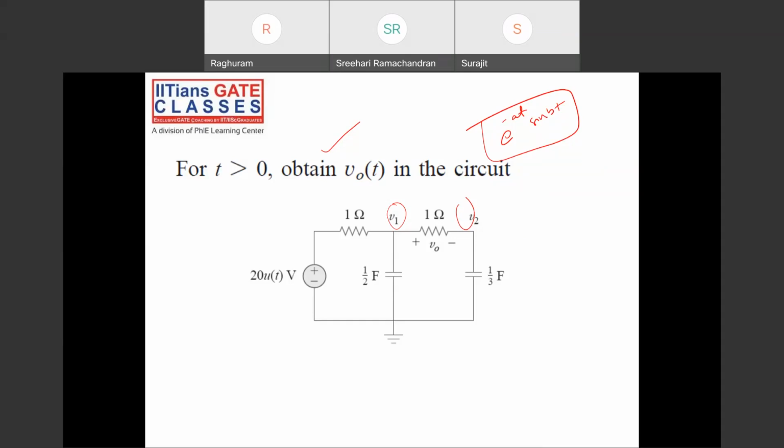Just after the switch is closed, people simply remember this way: the capacitor acts as an open circuit for DC, but at the t equal to 0 plus instant, it acts as a short circuit, or it will be replaced by a voltage source. Similarly, the inductor acts as a short circuit for DC, but it acts as an open circuit at t equal to 0 plus. Those instants are important.